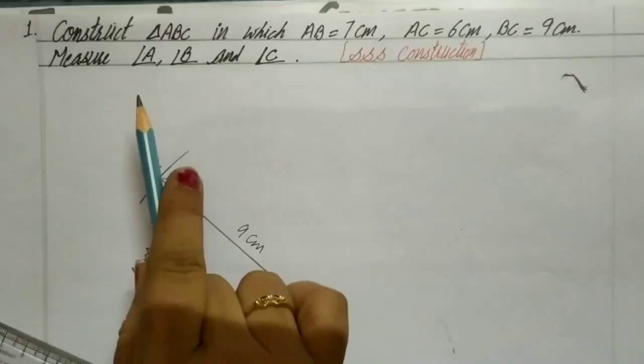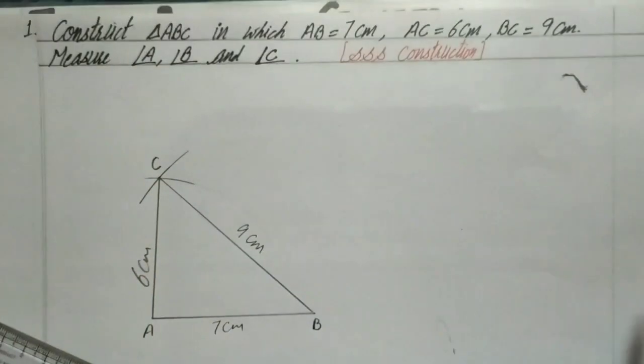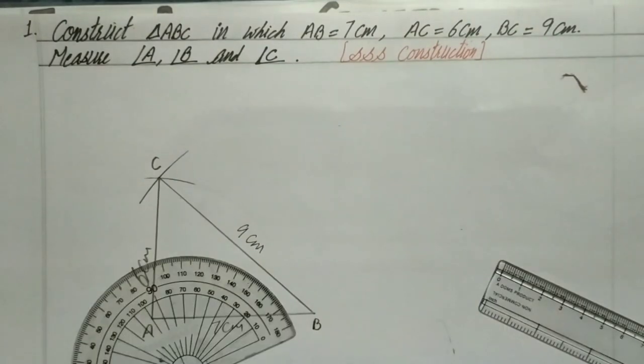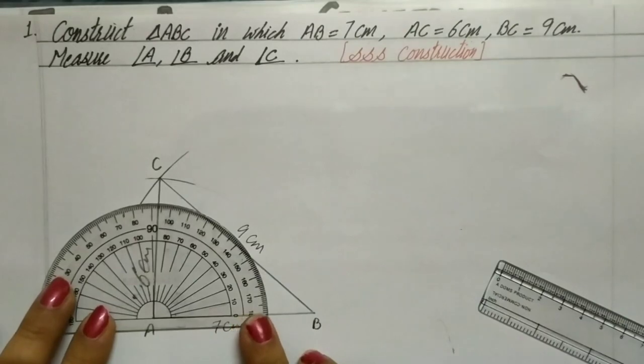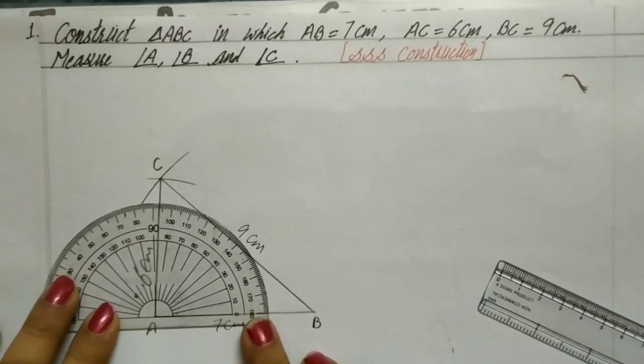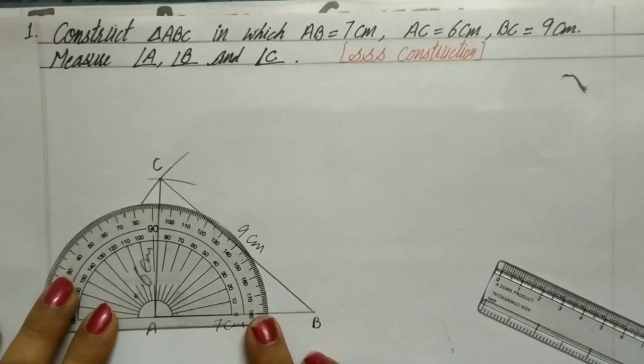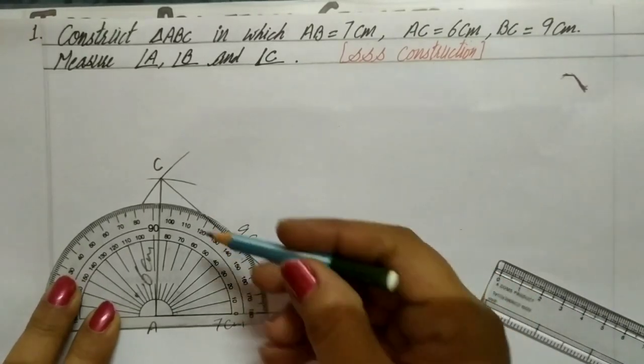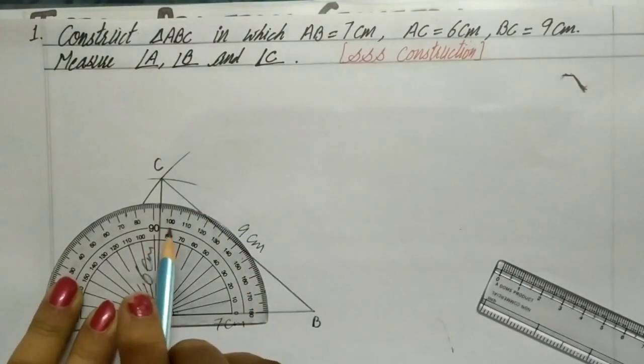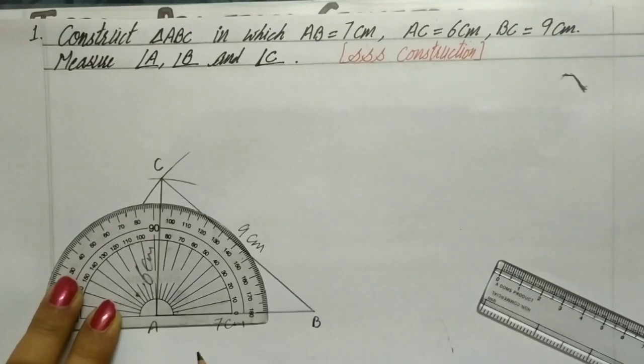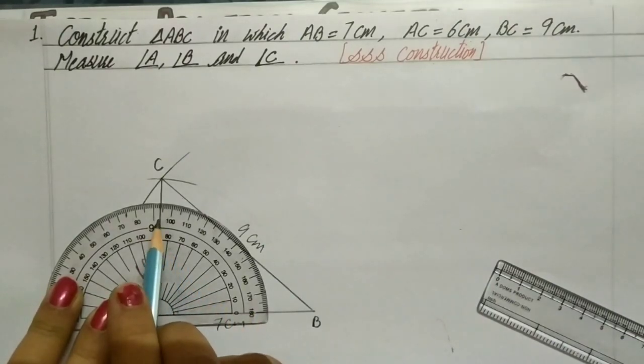Now we have to measure angles A, B and C. For that you have to use your protractor. Measure this angle A. As you can see over here, it's 100 and this is 86.